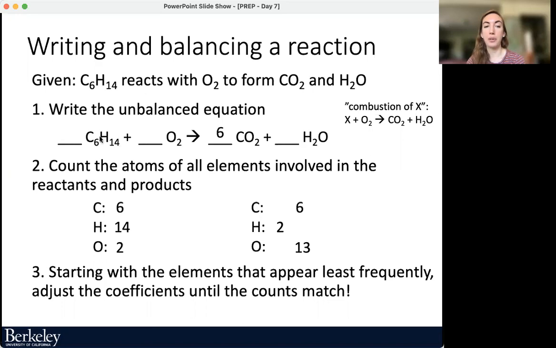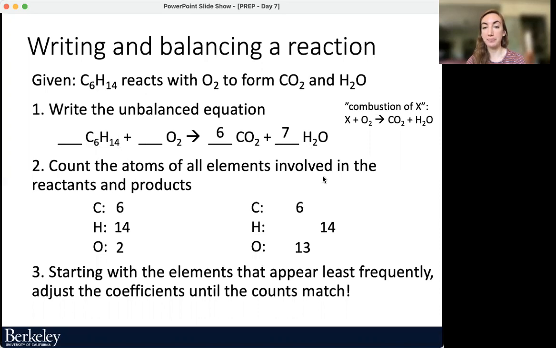So I have 14 hydrogens on the left and 2 on the right. Each H2O molecule has 2 hydrogens, so in order to have 14 hydrogens total, I need 7 H2O molecules. On the left, I have one C6H14 molecule that has 14 hydrogens in it.